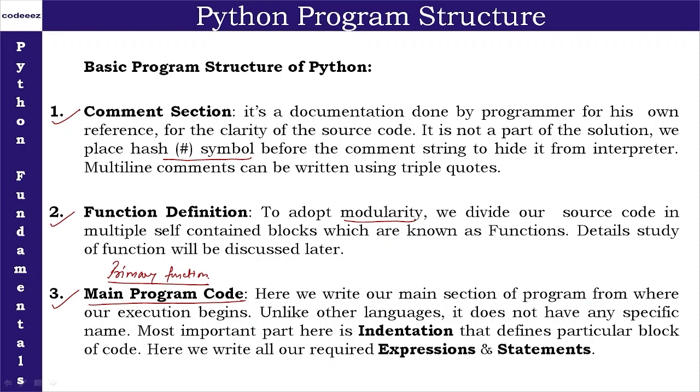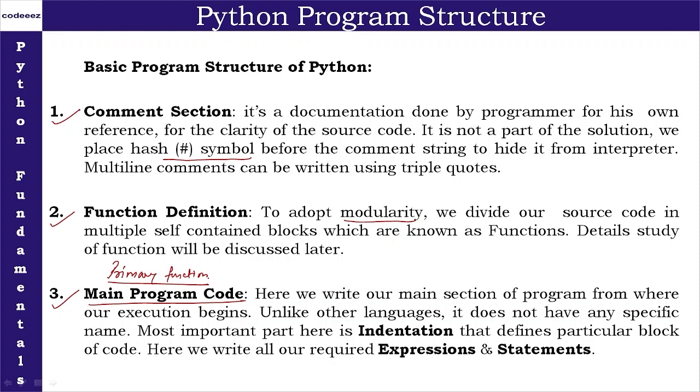You might have written multiple lines of code in your program. Now from where to start, which is the starting point? So this main program code is the line from where the execution of the program begins, right?